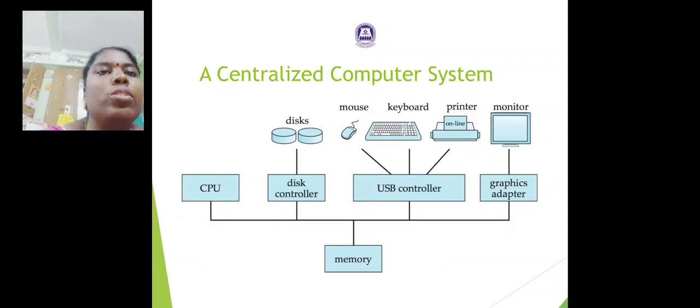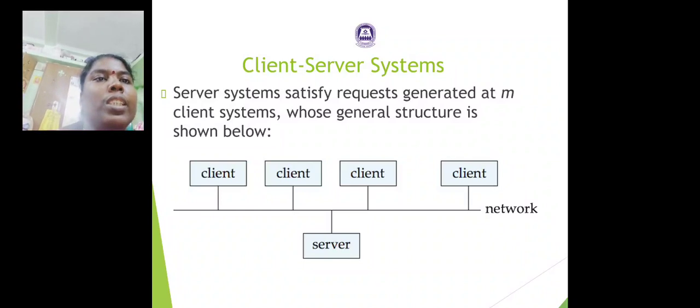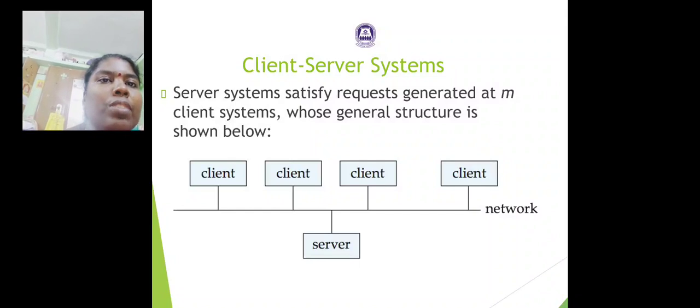Now we have to see client server architecture. What is a client? What is a server? The system that requests service is called the client. The responsible system is called the server system.